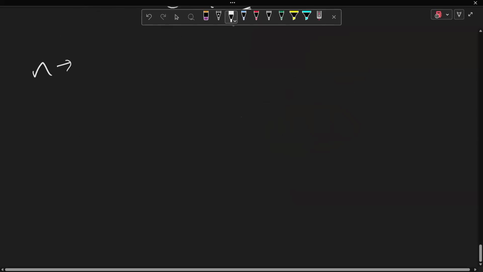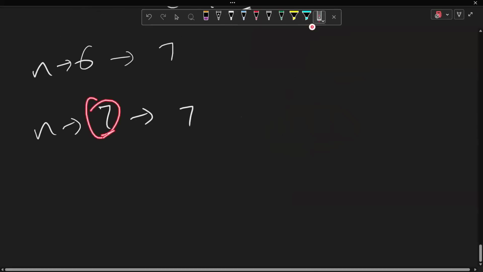Now for odd and even, one more observation: for n equal to 6, your answer was 7. For n equal to 7, your answer was 7. For the even case, the last thing you do is on the nth number; whatever is at the nth number, you do an OR operation with that.